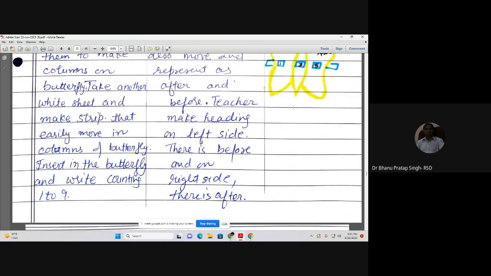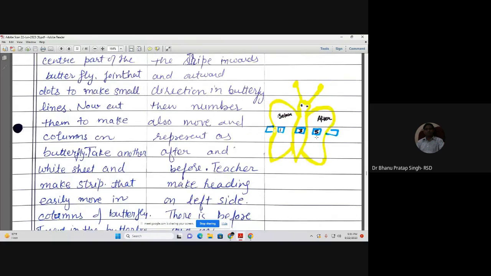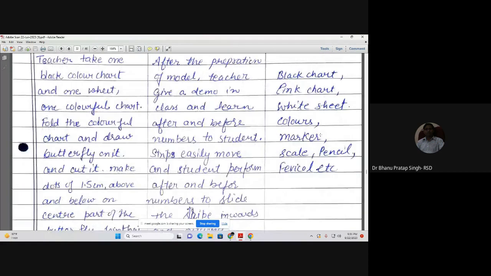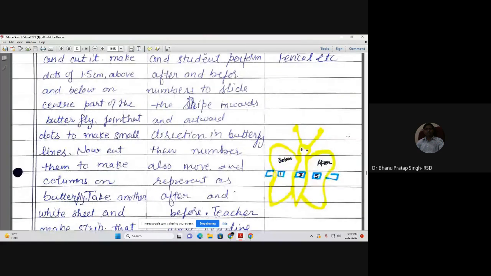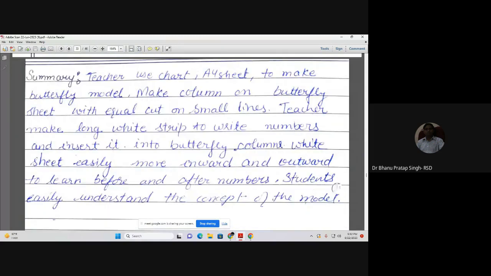Whatever teaching aid is taken by the teacher, he or she gives it in this particular format, that is, teaching aid required. Yesterday I already showed this picture, and that was a very wonderful picture.